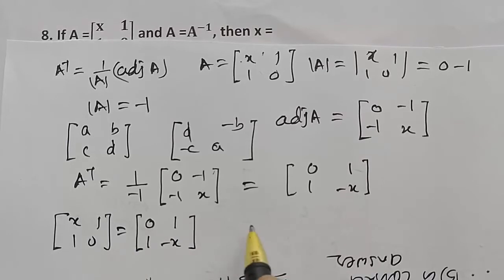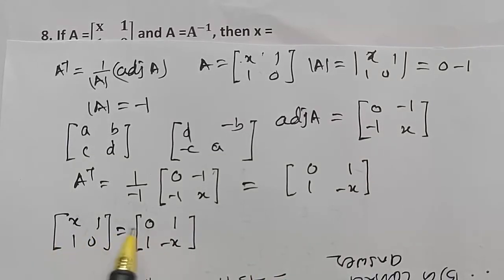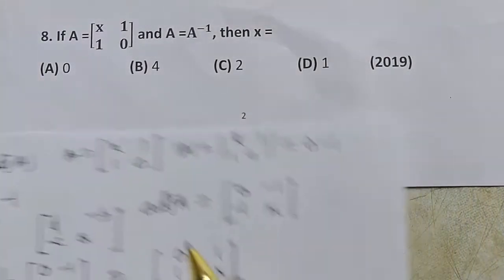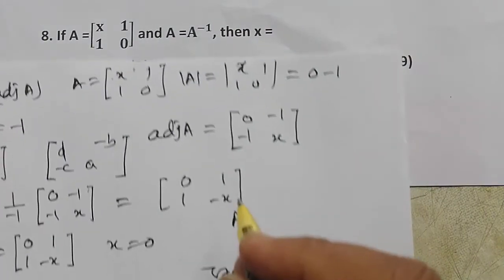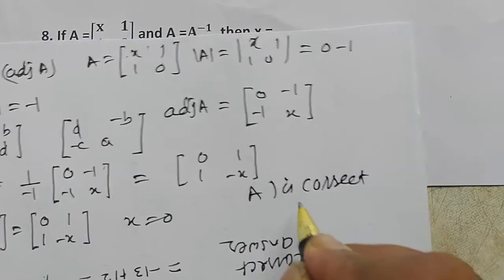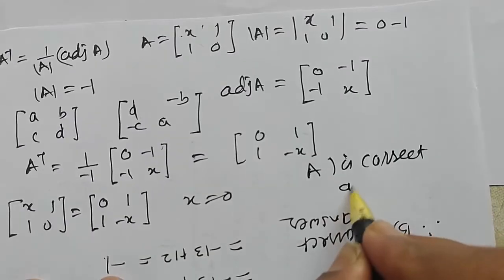So we get, comparing the corresponding elements, x is equal to 0, 1 is equal to 1, 1 is equal to 1, 0 is equal to minus x. So x is equal to 0. So answer A is the correct answer.